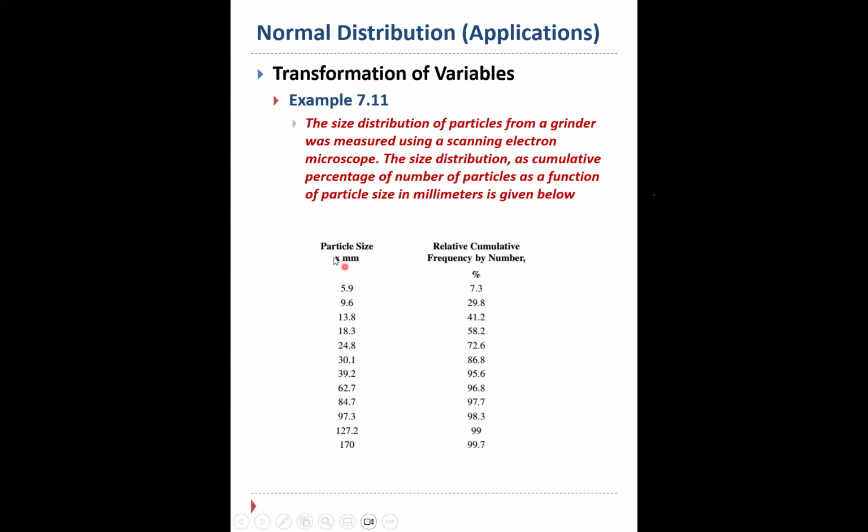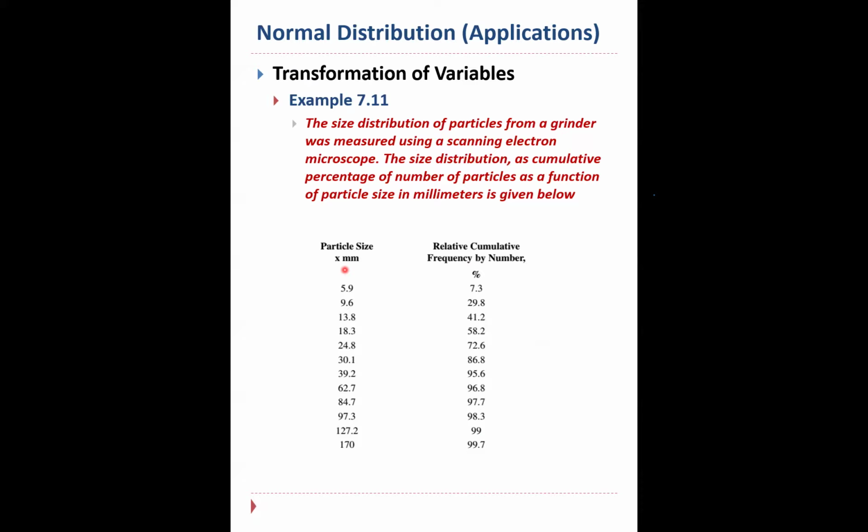So we will convert this variable to log of x equal to y. Then we will estimate the probabilities corresponding to the x values. However, we will be using the same normal distribution table.